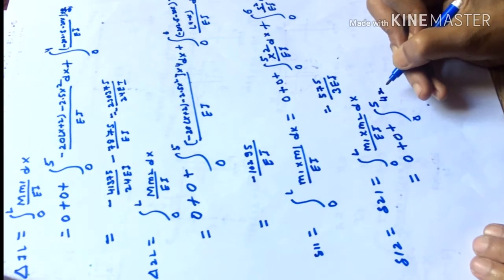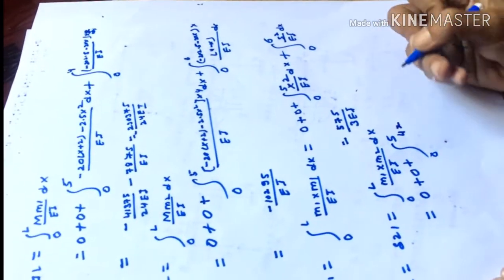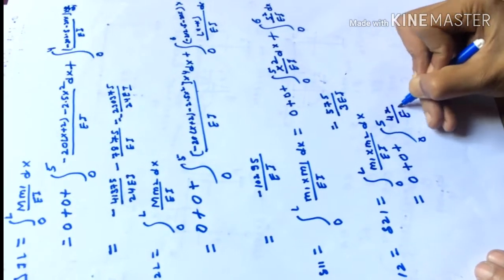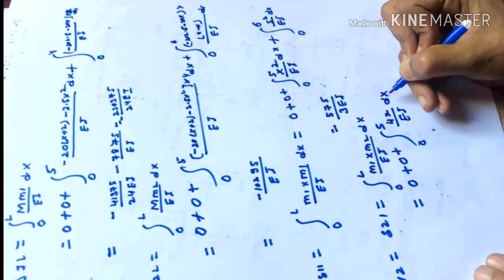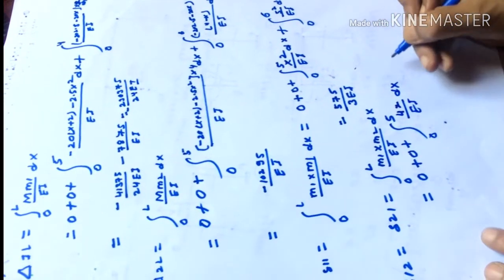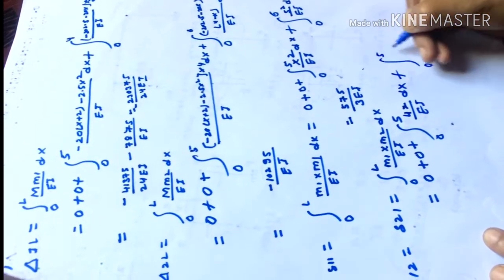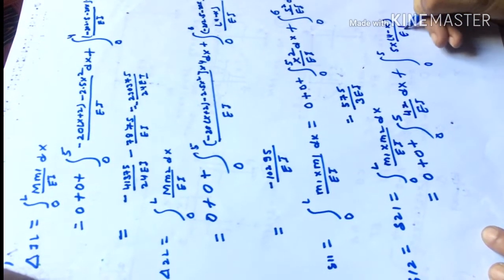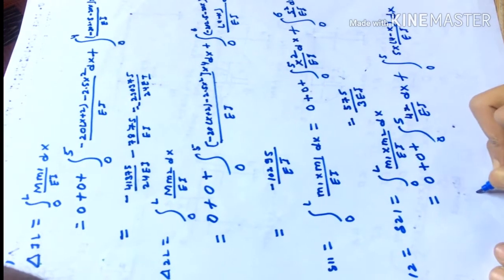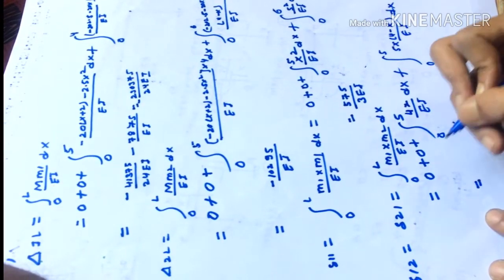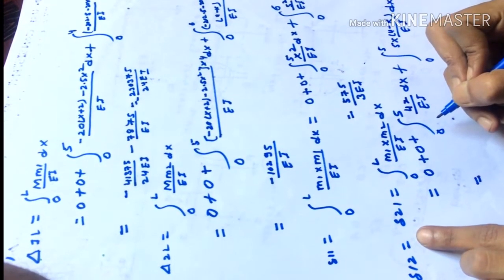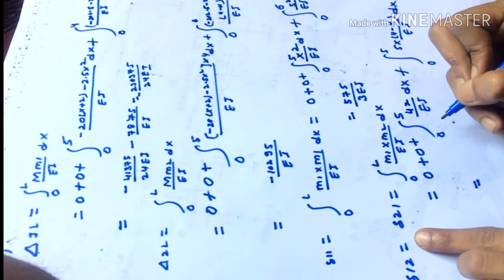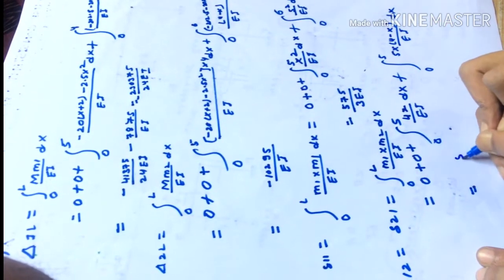For portion, that is 4x divided by EI dx plus 0 to 5 into 4 minus x divided by EI dx. On calculating, finally we get del 12 is equal to del 21 is equal to 80 by EI.